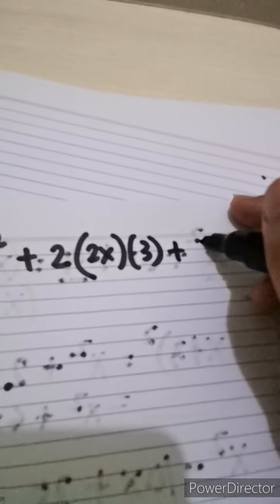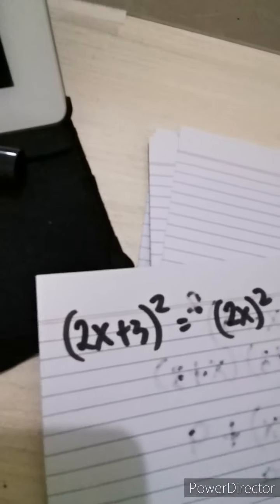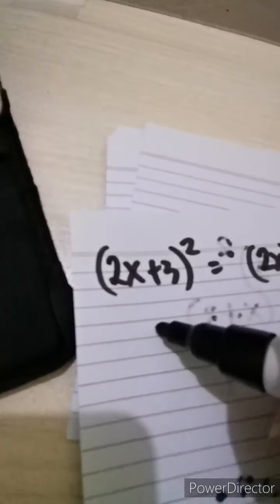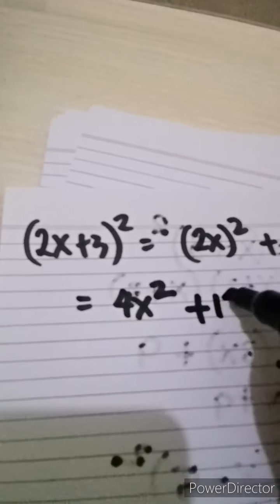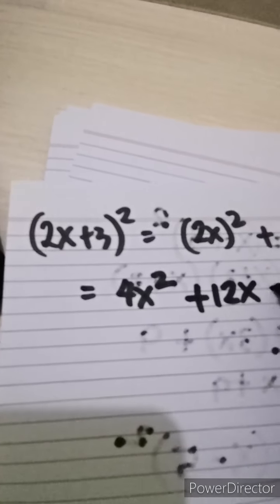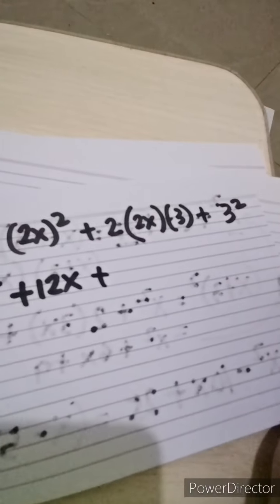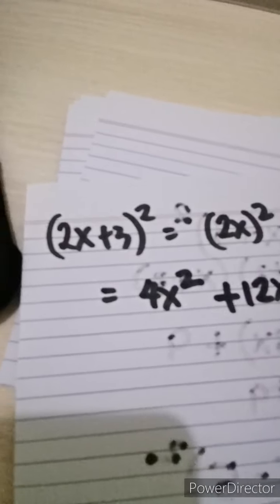We have 3, so 3 squared. So, simplifying what is our trinomial, the perfect square trinomial? 2x quantity squared is 4x squared. Then 2 times 2 is 4 times 3 plus 12x. And then the last term is 3 squared, which is 9.